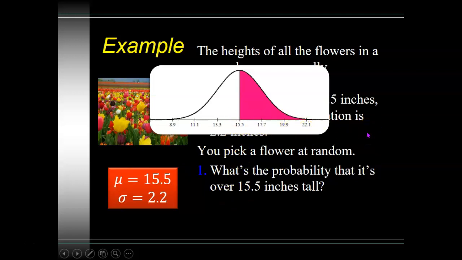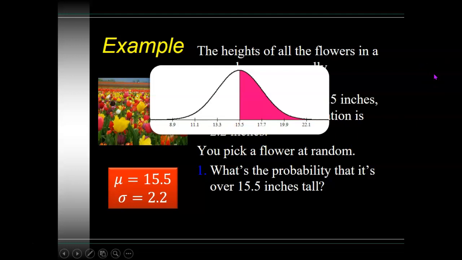And if these flowers do have heights that follow a normal distribution, it's symmetric, so half the flowers are above average and half are below average. So if half of the flowers are above average, that means 50% of them are over 15.5 inches tall. So the probability of the one you picked being one of the ones that's over 15.5 inches tall would be 50%, or 0.5.